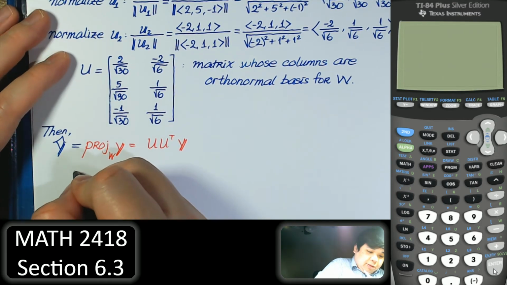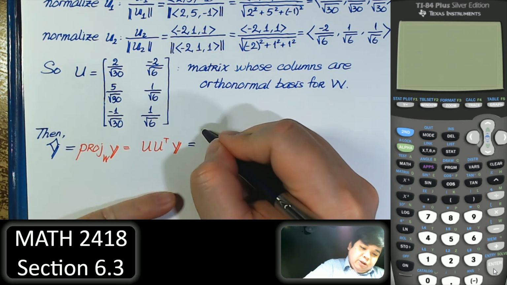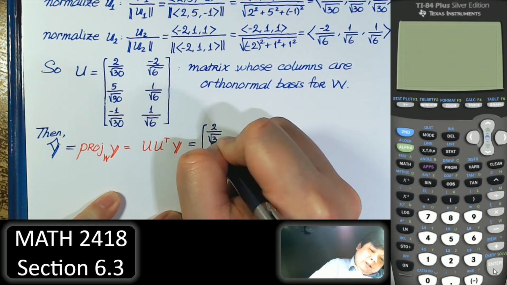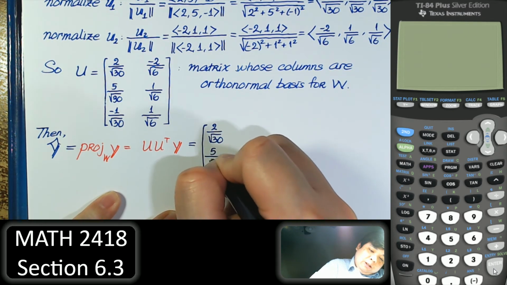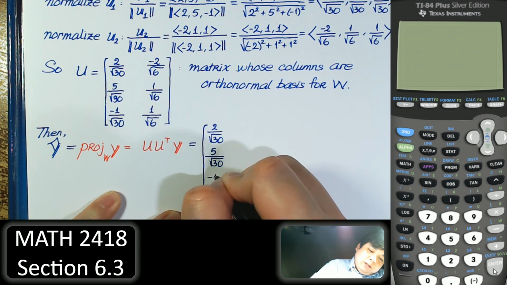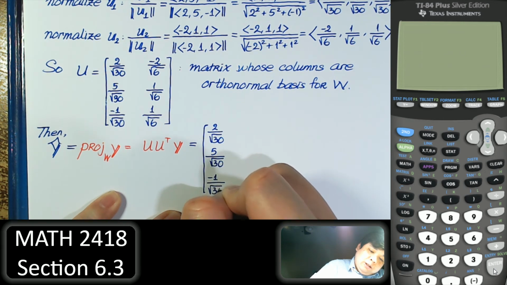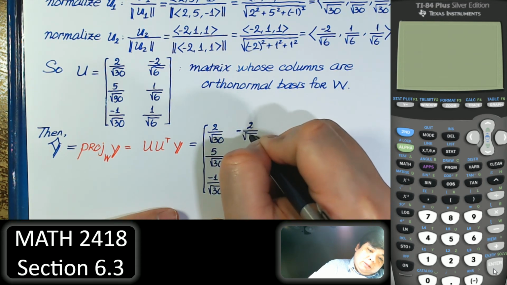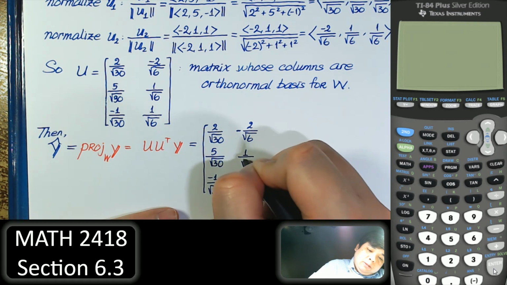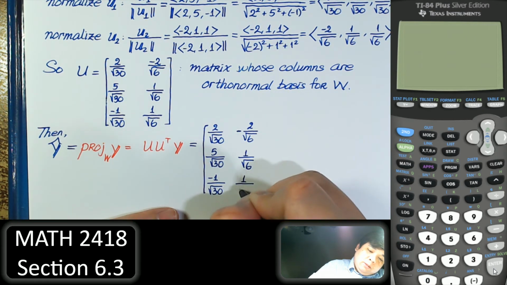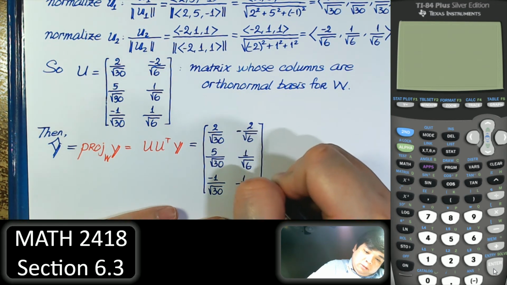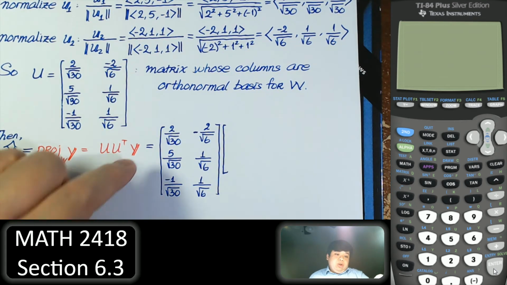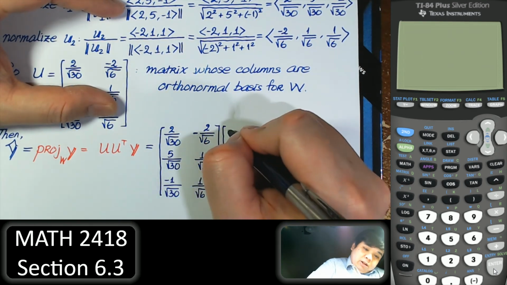So this is U. And then U transpose, so I just turn this sideways, column become a row.